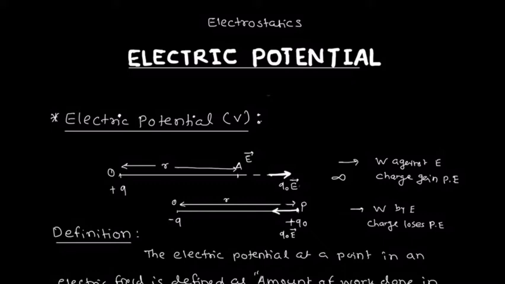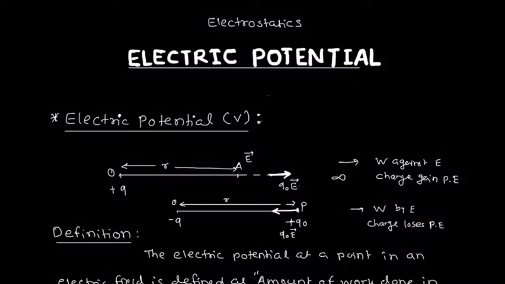If the positive charge is moved in the direction of electric field, that direction of electric field is negative x direction, and the charge which is already at infinity is moved from infinity to a given point P in the direction of electric field. Here also work is done by an electric field, but the charge loses potential energy.